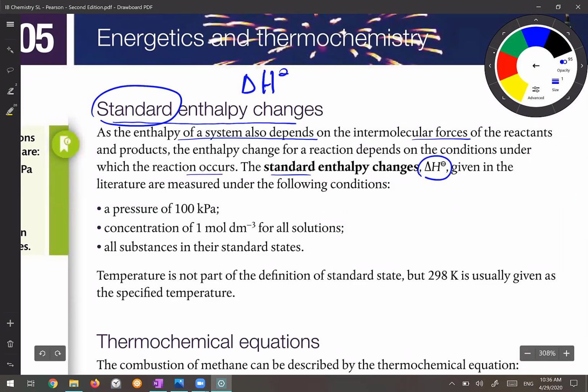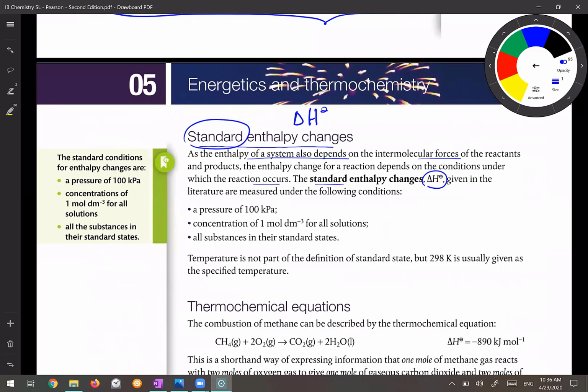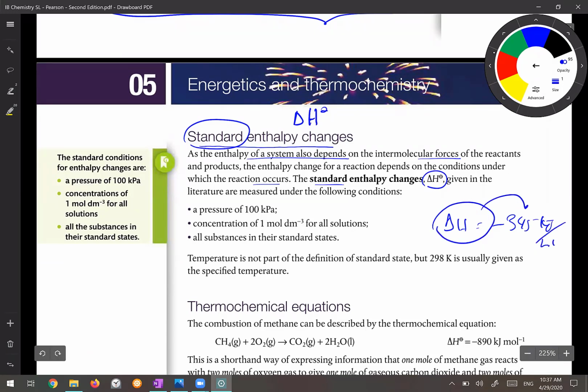So it means if the reaction happens at a pressure of 1 atmosphere, the delta H of the system would be different if the same reaction happens at a pressure of 2 atmospheres. So it's very important when we say, for example, the delta H of the reaction is negative 345 kilojoule per mole, at which conditions are we measuring this change for the reaction?